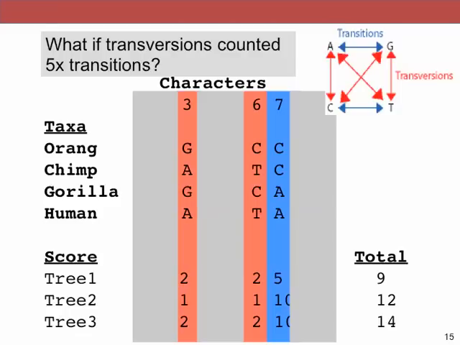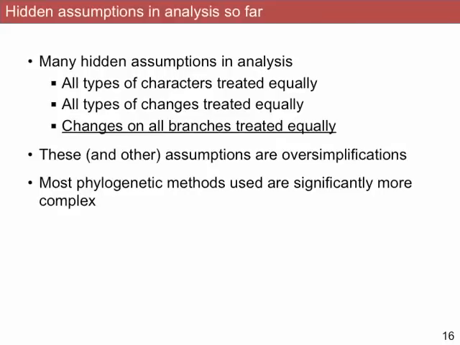So you can imagine basically a lot of other approaches where the default assumption where we treated sort of everything in the tree equally might be violated. And another one is that we were treating basically changes on all branches equally.